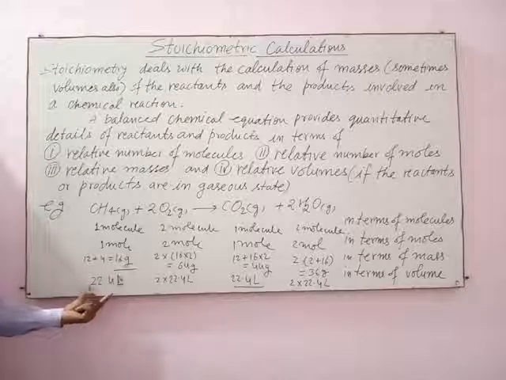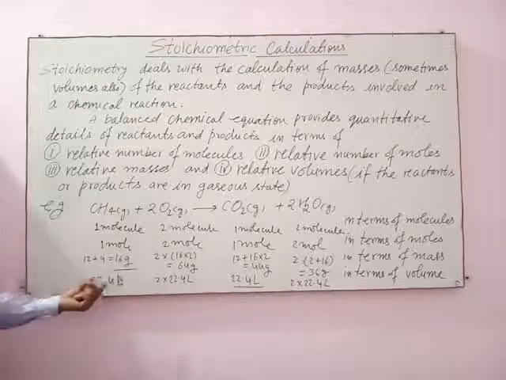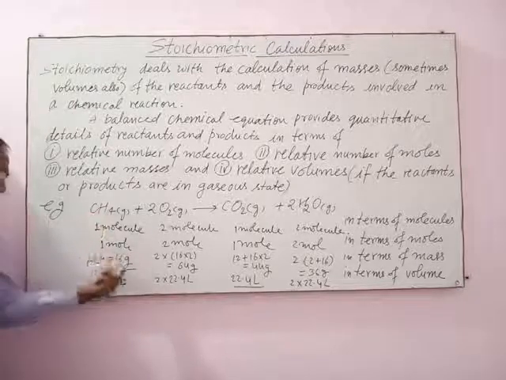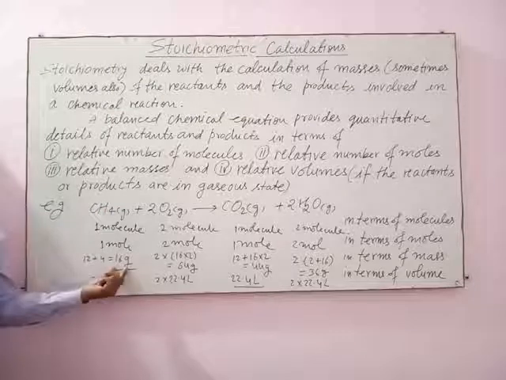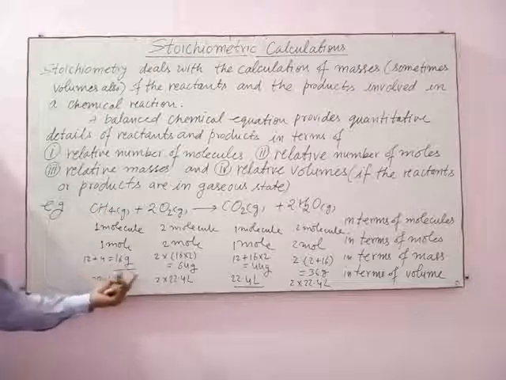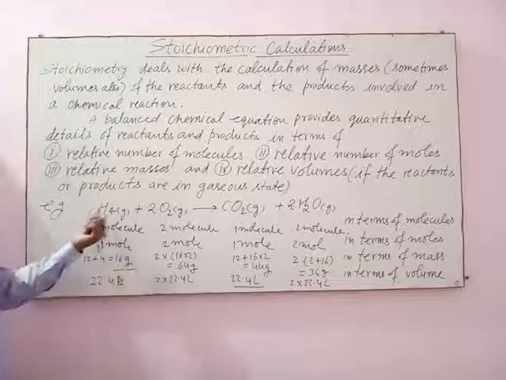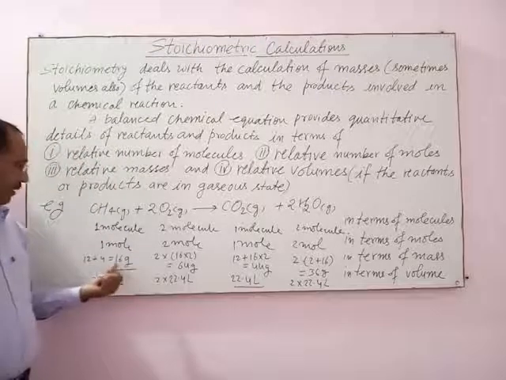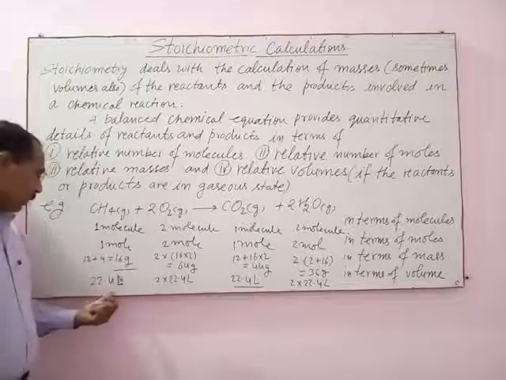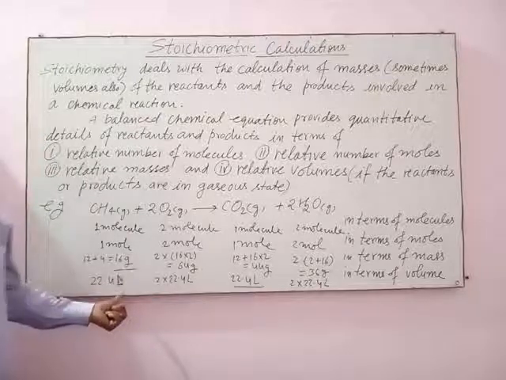This is called molar volume, and the amount equal to molecular mass is known as molar mass. This is the molar mass of methane, 16 gram, and 22.4 liter is the molar volume.